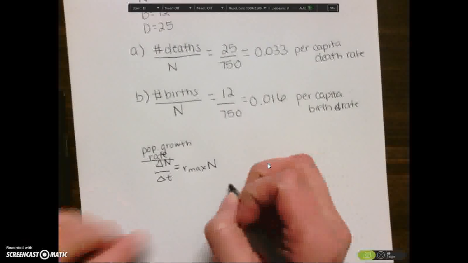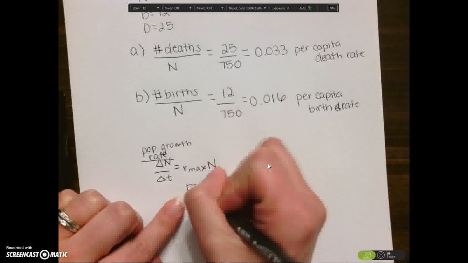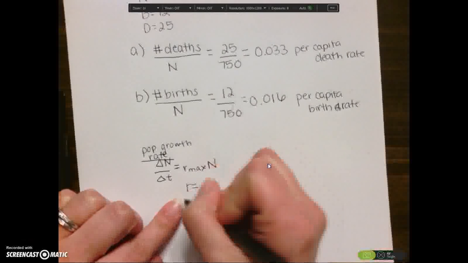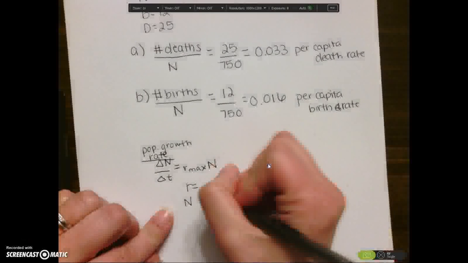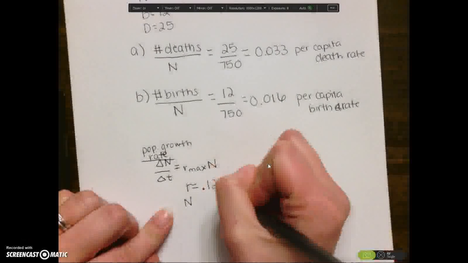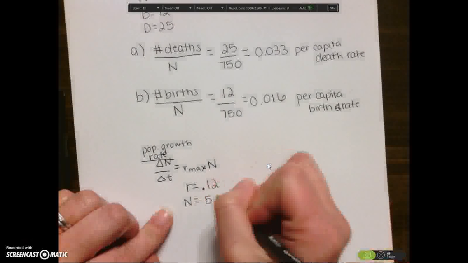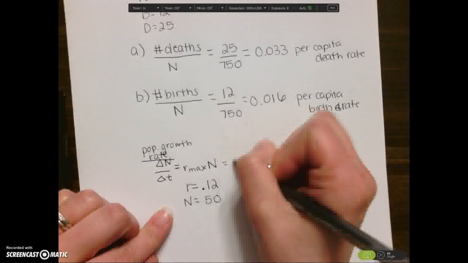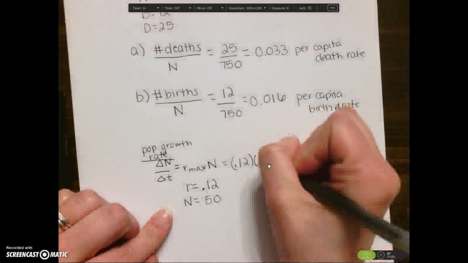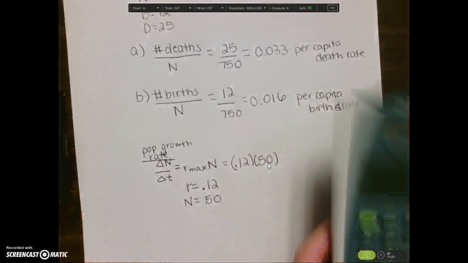So in this case, we were given R, and we were given N. So our R, we were told, was 0.12, and our N was 50. Okay, so all we're going to do, we're going to take 0.12, and we're going to multiply it by 50. Okay, so let's see what happens when we do that.